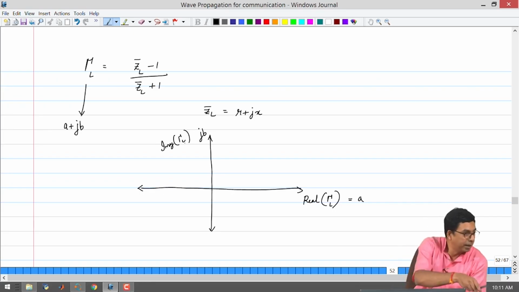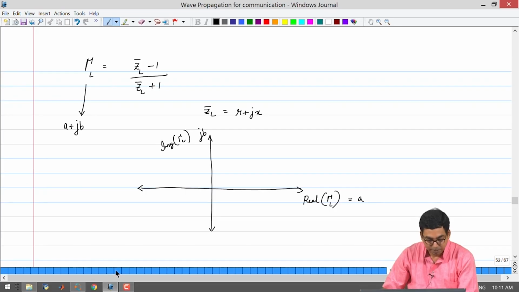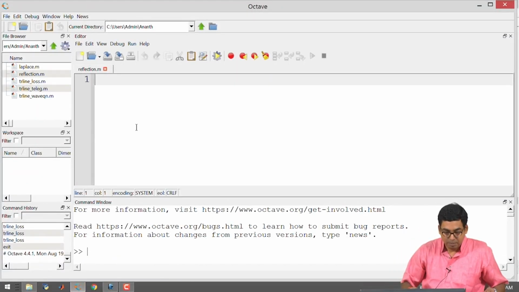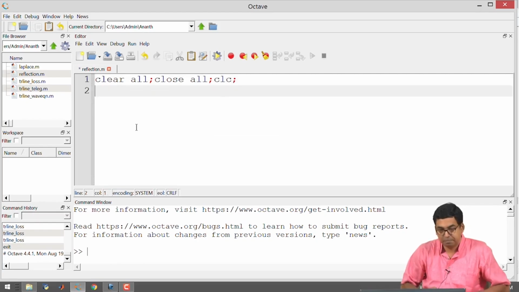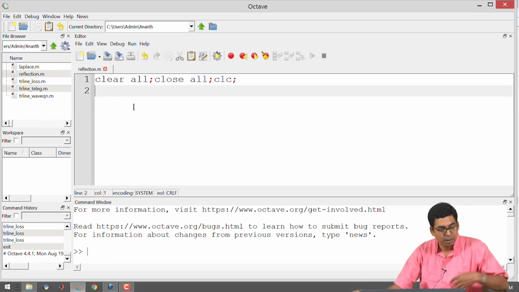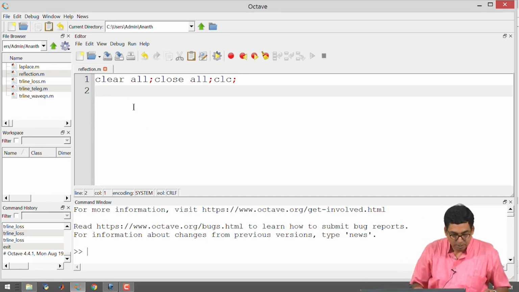So, I am going to fire Octave, and I am going to do this using Octave. Now, I am going to start with a simple program to do that.